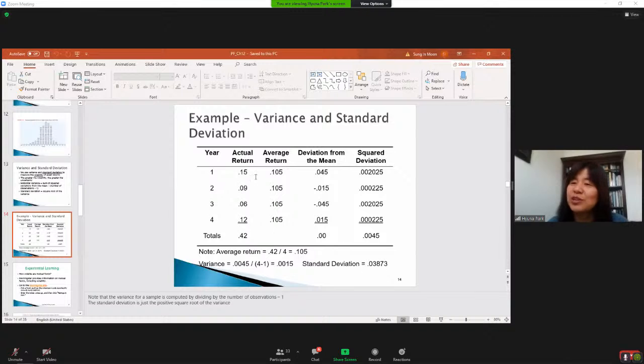So you can apply this logic to Walmart's 2019 daily return data, as well as Target's 2019 daily return data, and you can compare which stock return was more volatile. Higher volatility means higher total risk. Any questions so far?